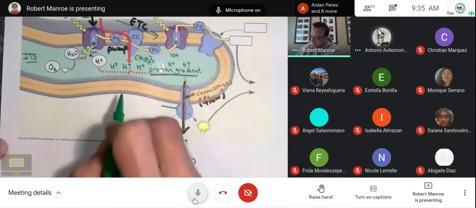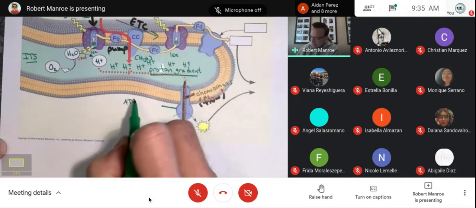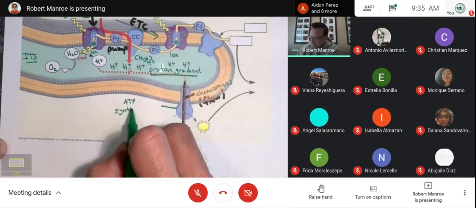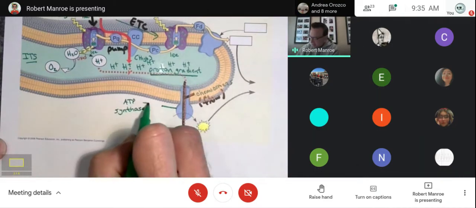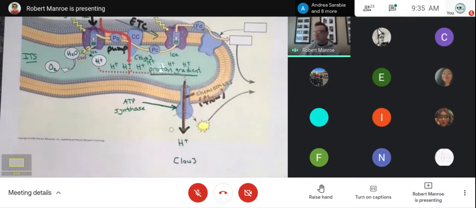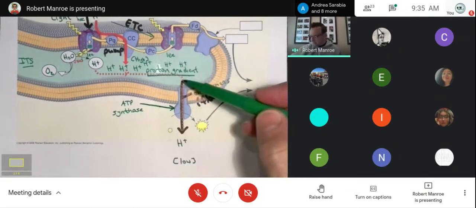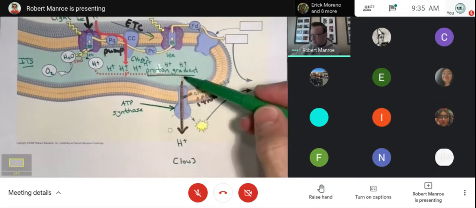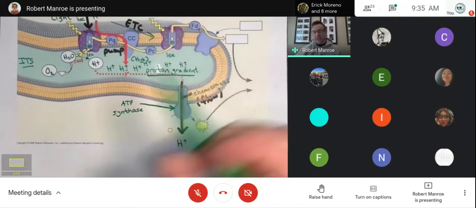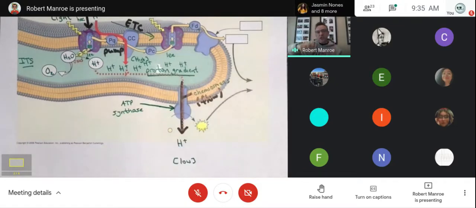Nice. ATP synthase. ATP synthase is the enzyme that synthesizes ATP. How? Well, I'll show you an animation tomorrow where you will see as the protons flow through this enzyme, it causes the enzyme to physically change shape. This collar actually rotates, ratchets, right?